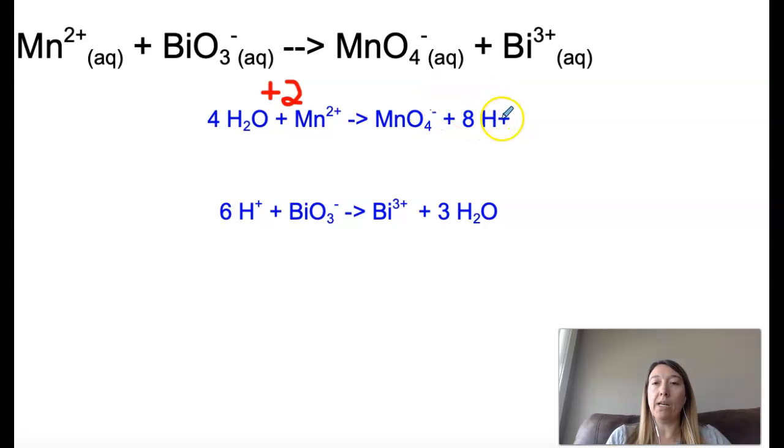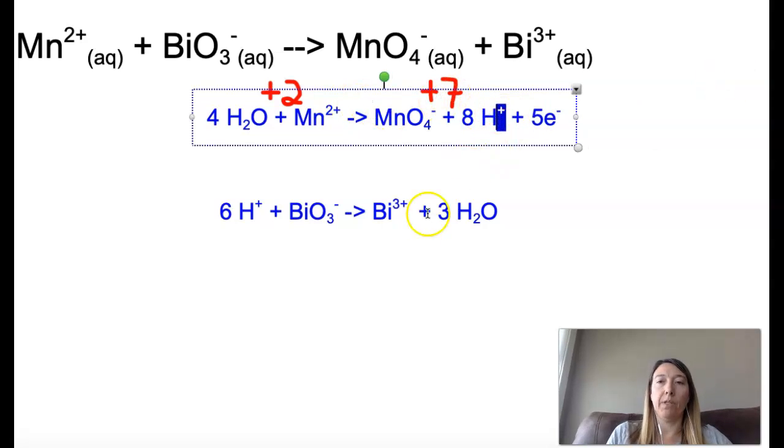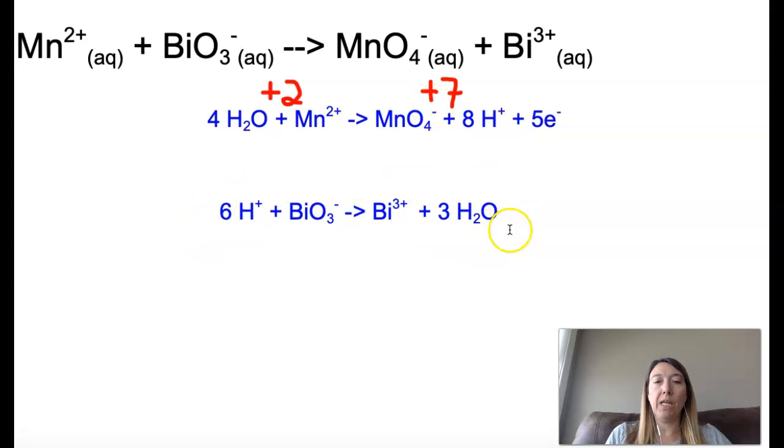So -1 and 8 positives, I have plus 7. So to take care of this, we need to add 5 electrons. I'm just going to make this into a superscript because apparently I didn't do that. There we go.